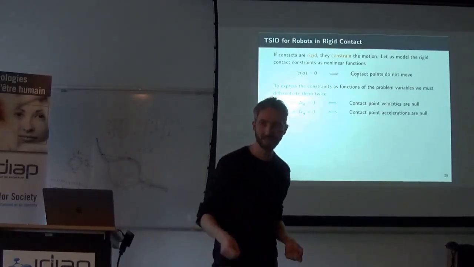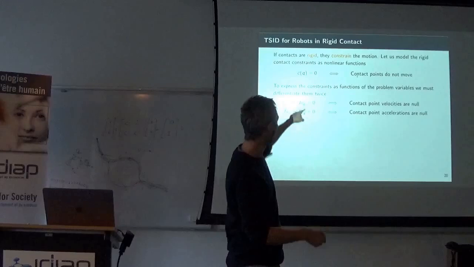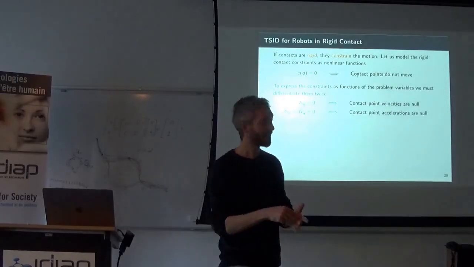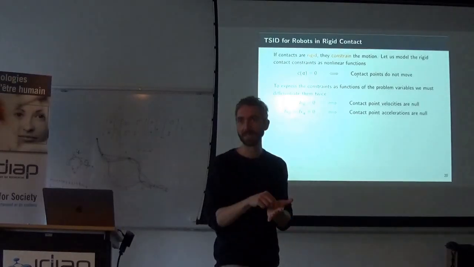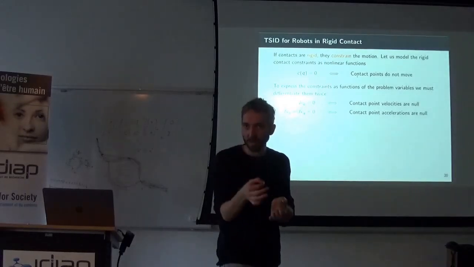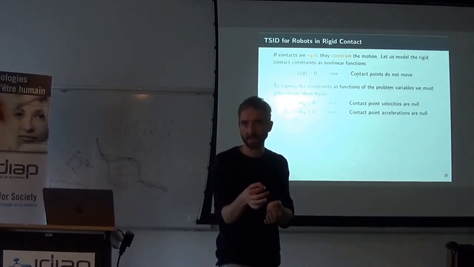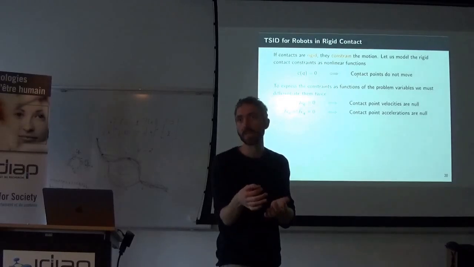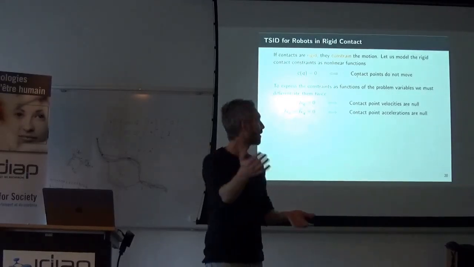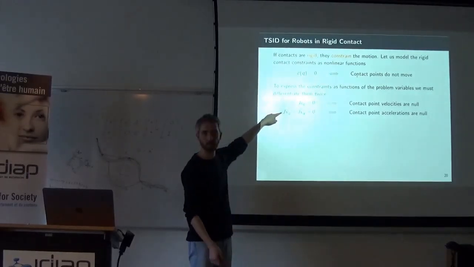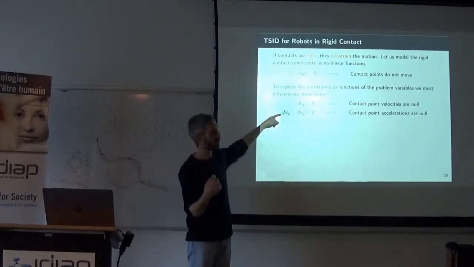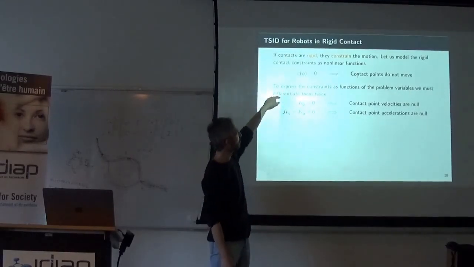And if I'm in contact, it means that the first is satisfied and the second is satisfied at the moment where I am in contact. Yeah, so that makes initial conditions. Exactly. I have the initial conditions, and then I will only impose this. And given the initial conditions, this implies this, which implies this.